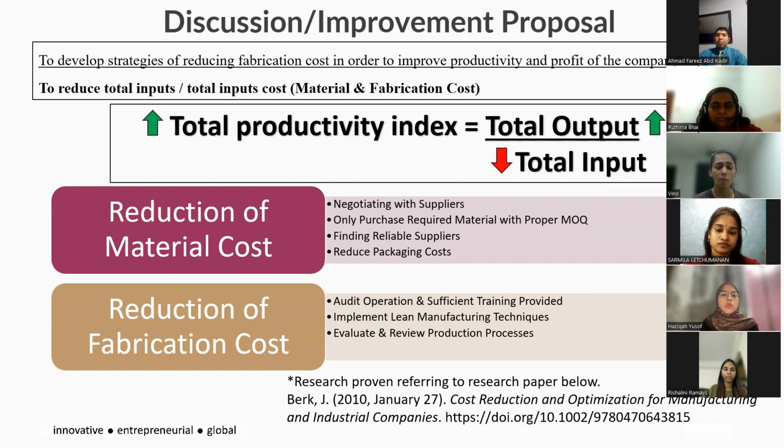By doing this, we can ensure that the lead time taken during the fabrication process can be reduced, or maybe we can produce more products within the time frame. Second, we can implement lean manufacturing techniques. Third, we can evaluate and review our production processes in order to reduce our fabrication costs.